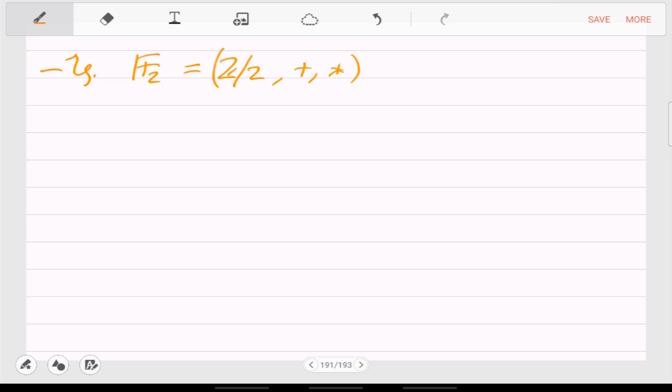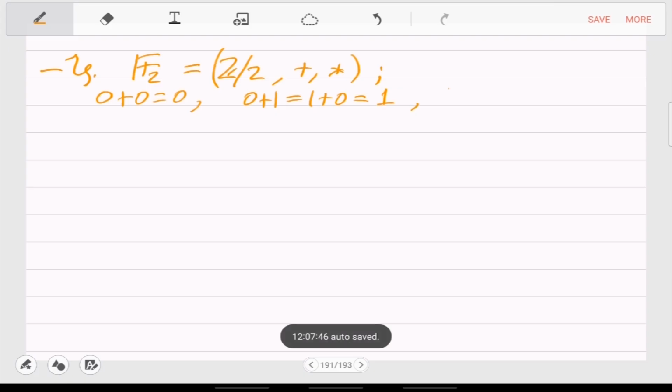So it's fairly obvious what happens. So 0 plus 0 is 0, 0 plus 1 or 1 plus 0 is the same thing, 1, and 1 plus 1 is 0. Right? So this is important that 1 plus 1 is 0.